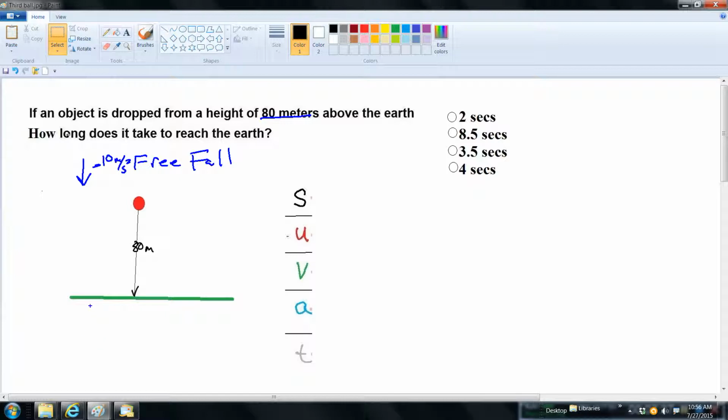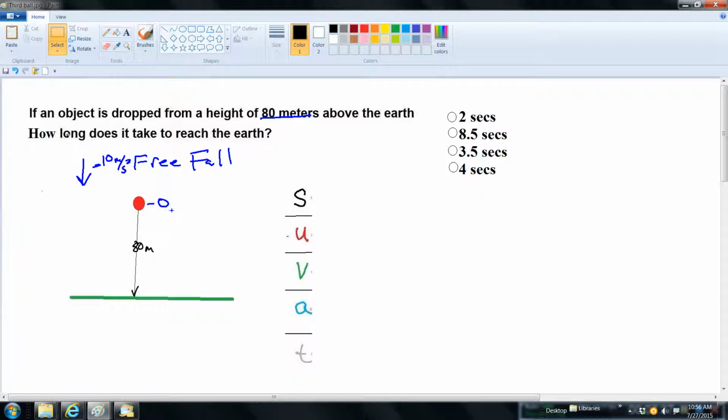And so we've got a Suvat problem, and we do step 1. We list the Suvat letters vertically. And then step 2, we fill in 3 out of the 5. So what do we have here? It's kind of implicit here on some of the data.